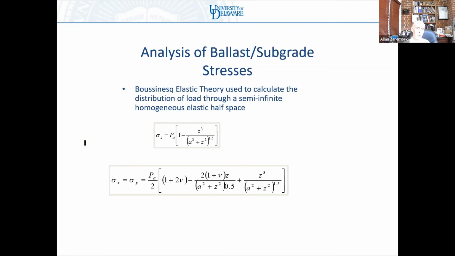The problem with all of these equations up until now is that they assume a ballast property. So a more sophisticated type of model would be something like the Boussinesq elastic theory, which would use the distribution of load through a semi-infinite homogeneous elastic half space.